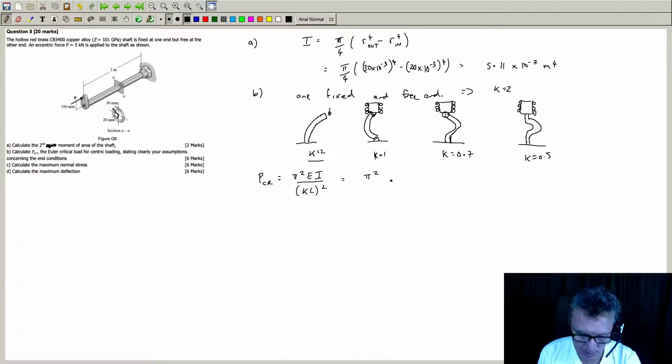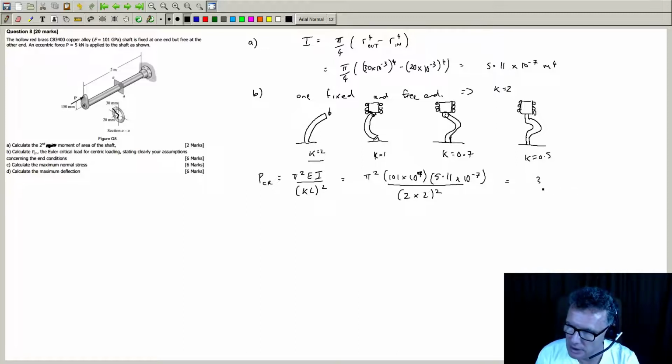And I had pi squared times 101 times 10 to the 9, times 5.11 times 10 to the minus 7, divided by 2 times the length of the bar, 2 meters, and I need to square all of that, and then I found that to be 31.836 kilonewtons. Okay.